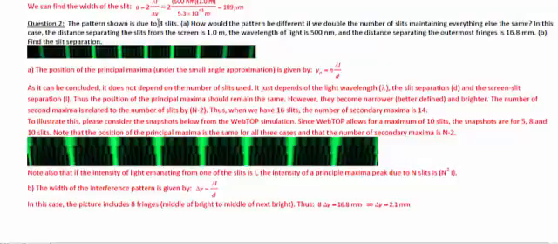And that corresponds to n, which is 8 minus 2. So I have 8 slits, so I have principal maxima, and between the principal maxima I have 6 secondary maxima.